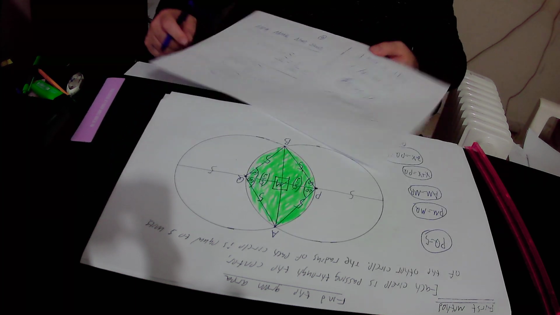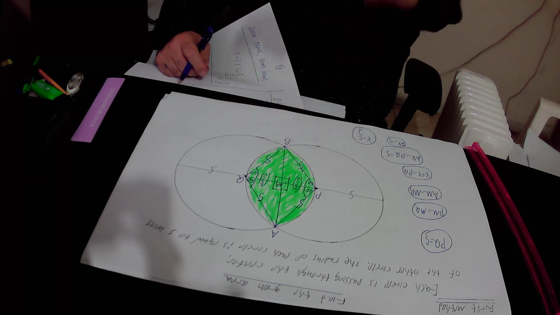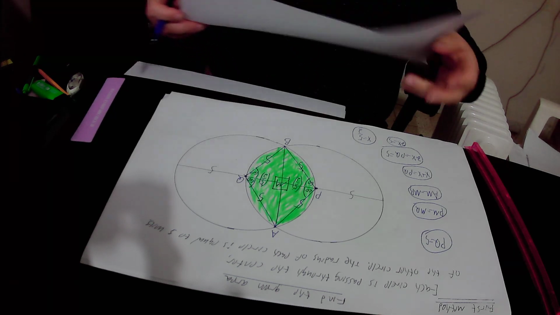So actually we proved that triangle APB is congruent to triangle AQB according to the side rule. I'll write it down.